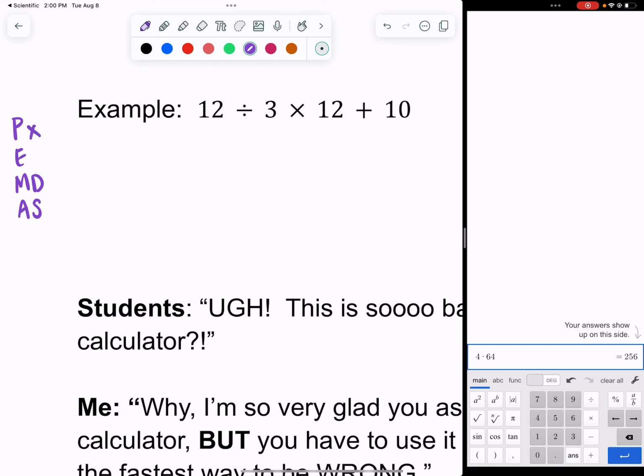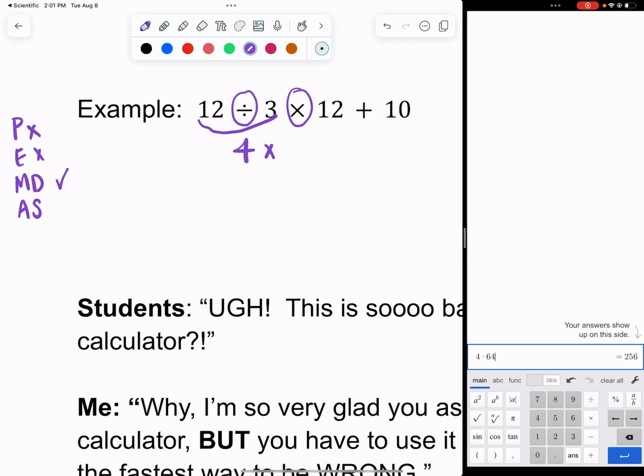We don't have parentheses. We don't have exponents. We do have multiplying and dividing right here. Now remember, just because multiply comes first in the name, it doesn't mean we have to do it first. We're going to do them in the order we see them. So first, we're going to do 12 divided by 3.